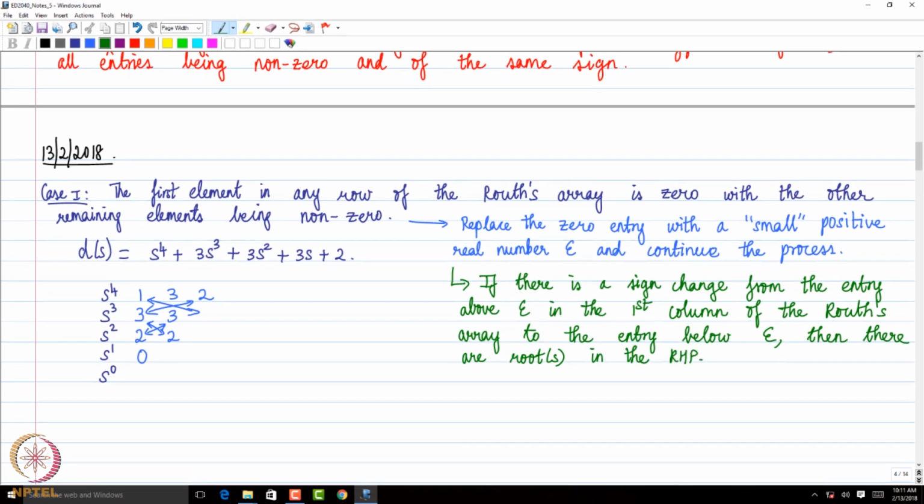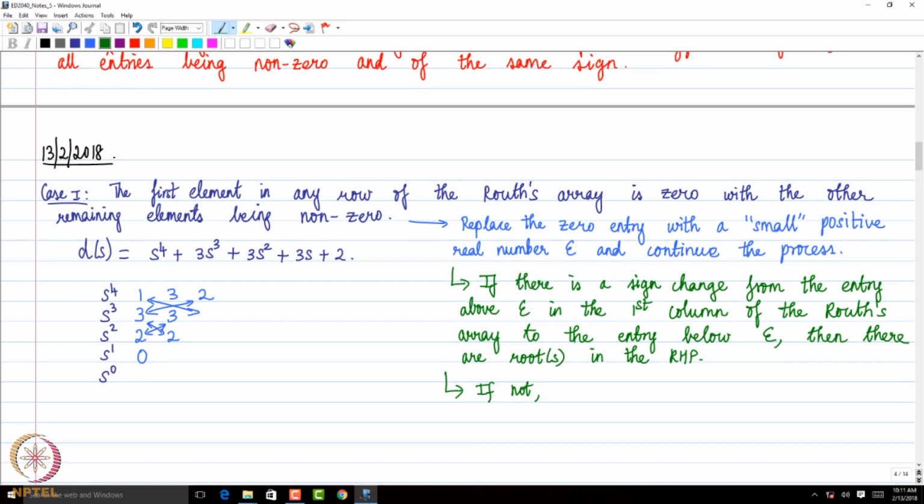That is the implication. Let us say if the entry above epsilon is positive and the entry below epsilon is negative, then there are roots in the right half plane.